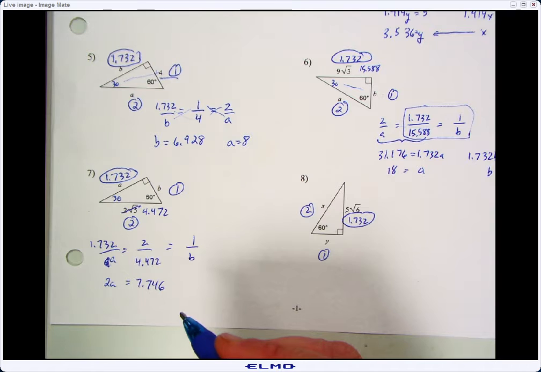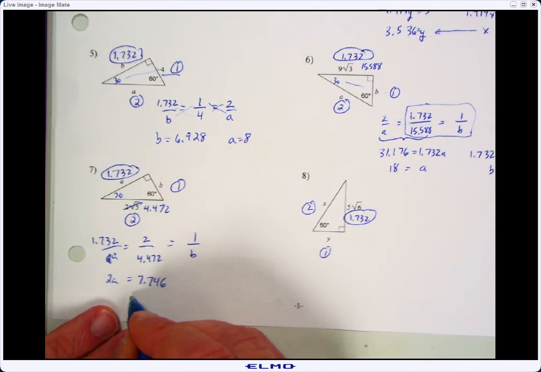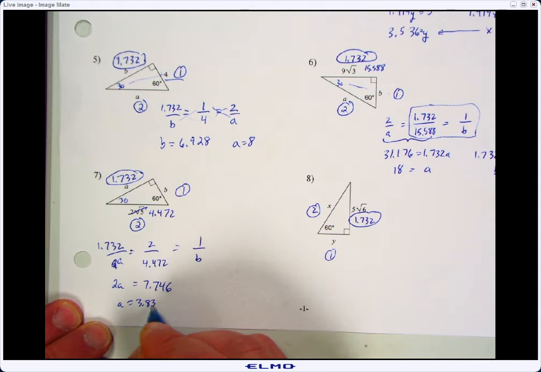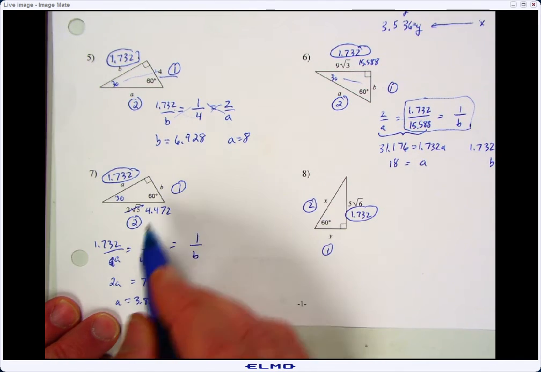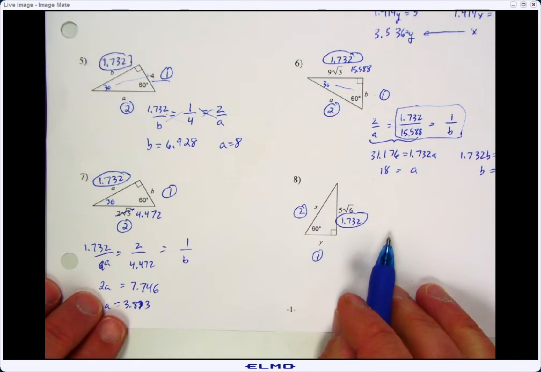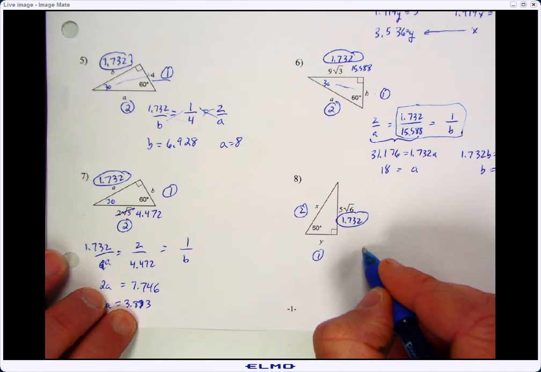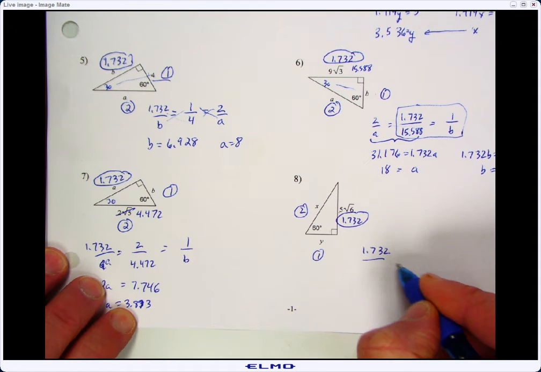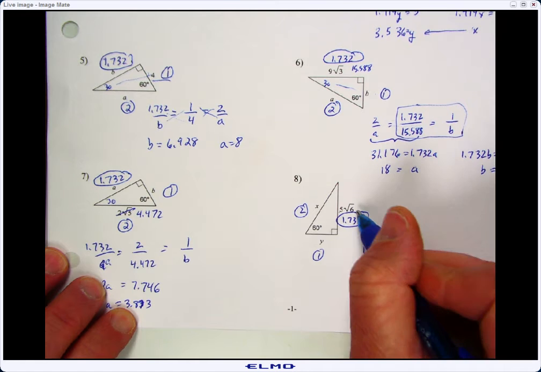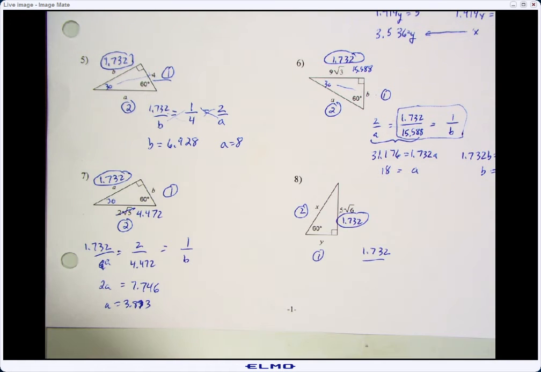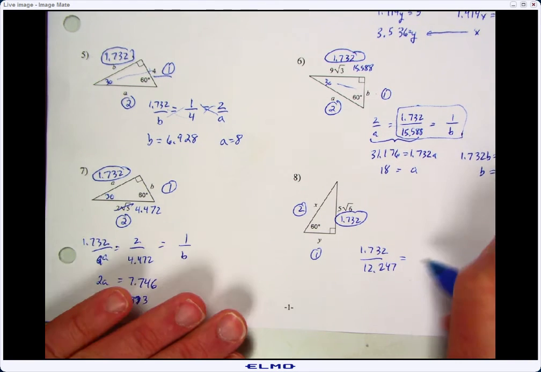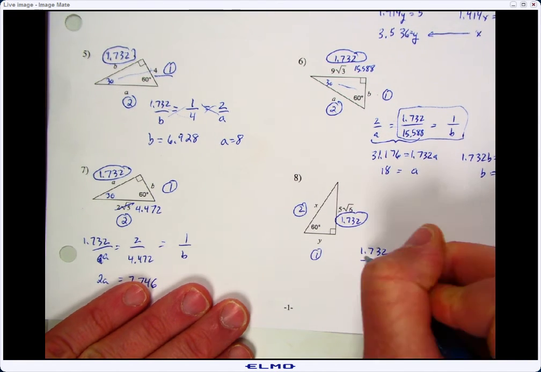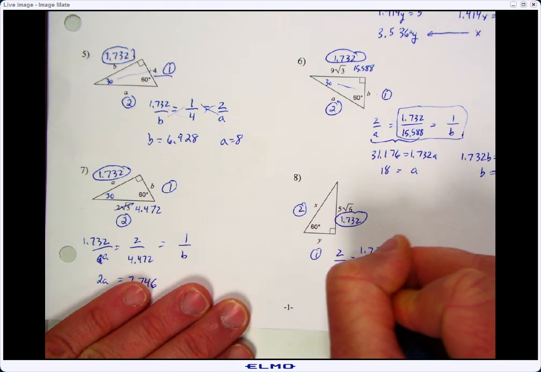Point 746 divided by 2, 3.873. I'm not as concerned about rounding at the end, but along the way, keep your decimal places. 1.732 over, I need to change 5 radical 6 to a decimal, 12.247 equals 1 over y equals 2 over x.